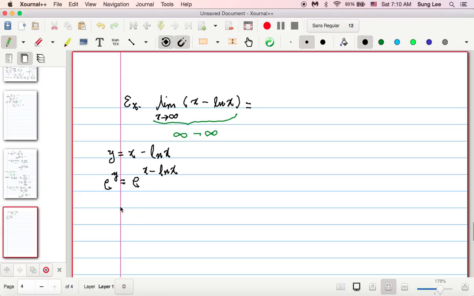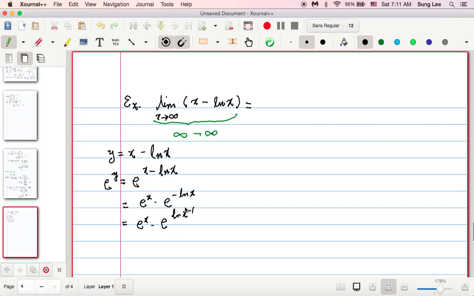Now this can be written as e to the x times e to the negative ln x, and so this negative sign can be brought in as the exponent of x, right? So e to the ln x, to the negative 1. Okay?